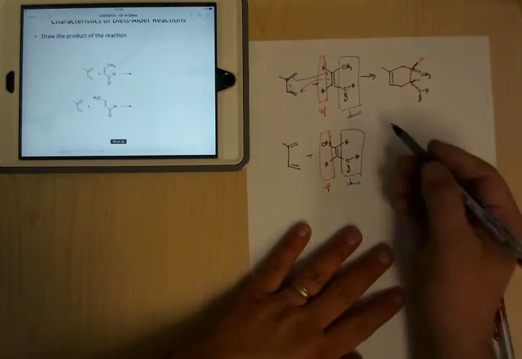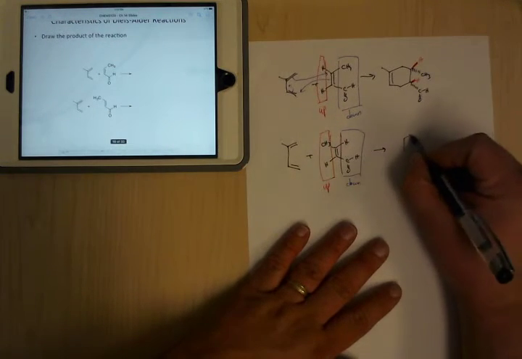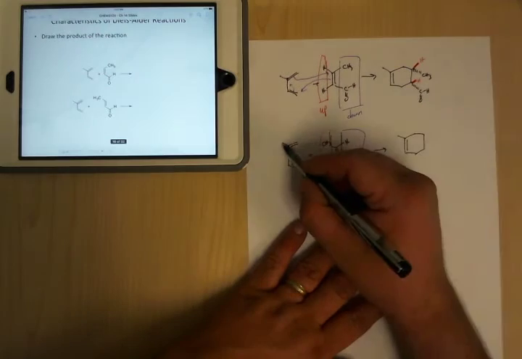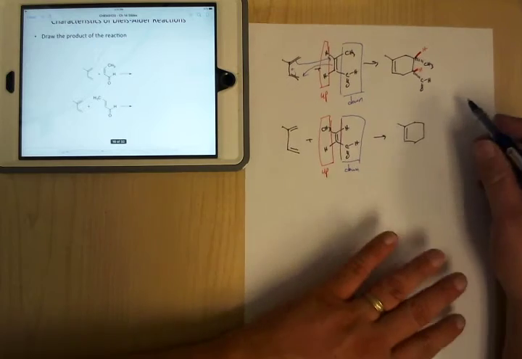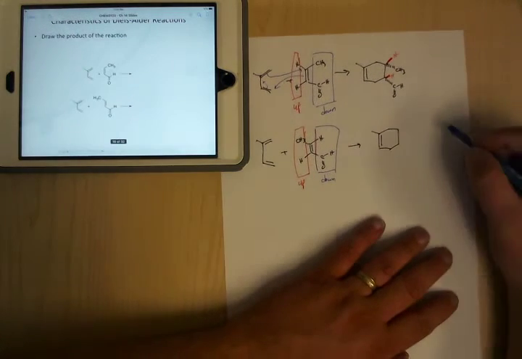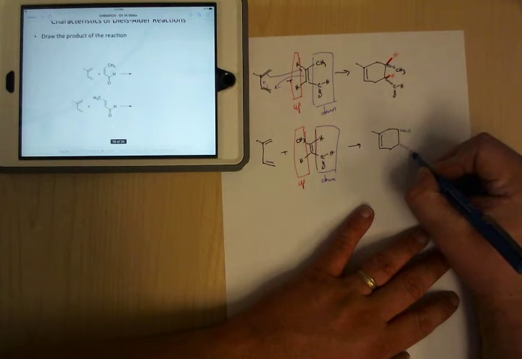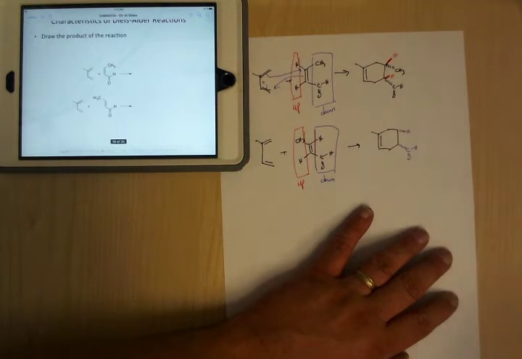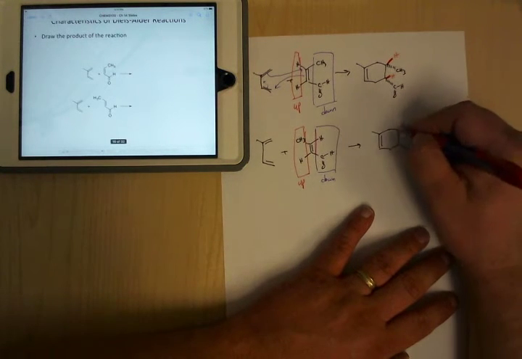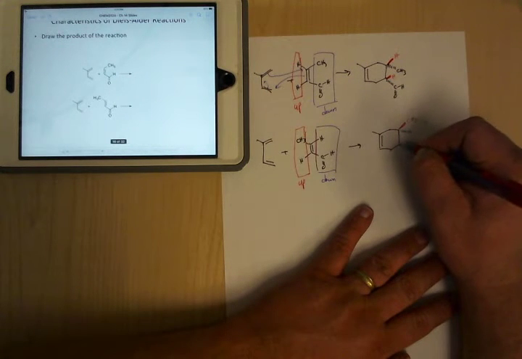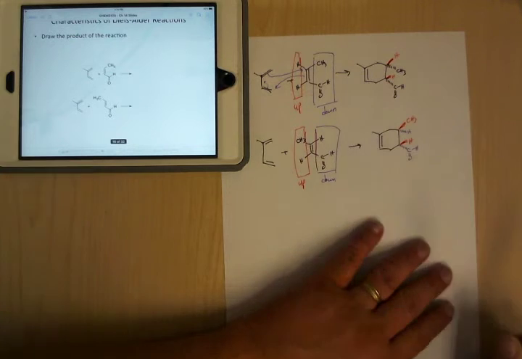So when we do this, don't forget that double bond there. There's a methyl group here, so that needs to stay there. So if these guys are going down, that means these guys on this side are going up. There we go.